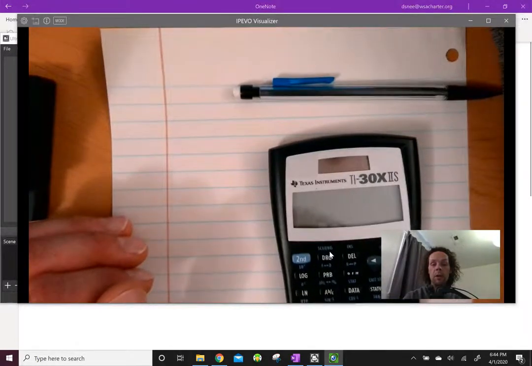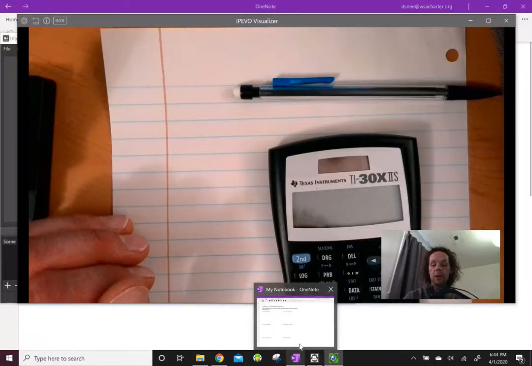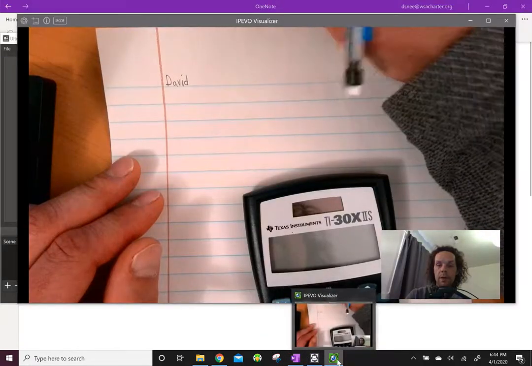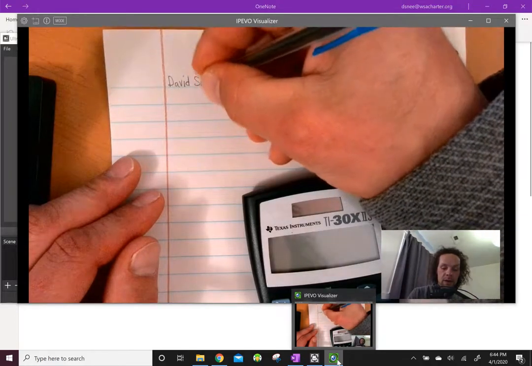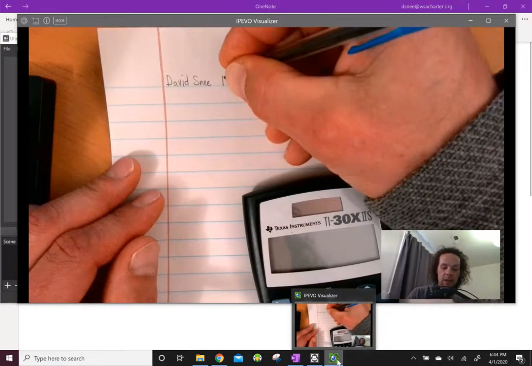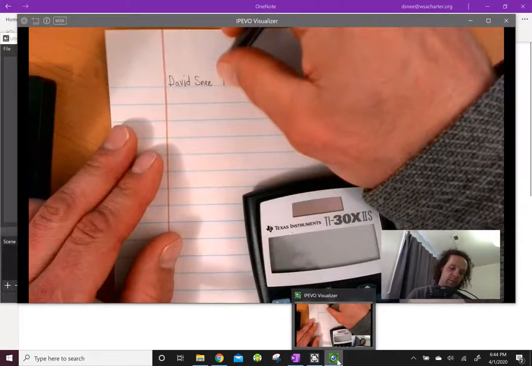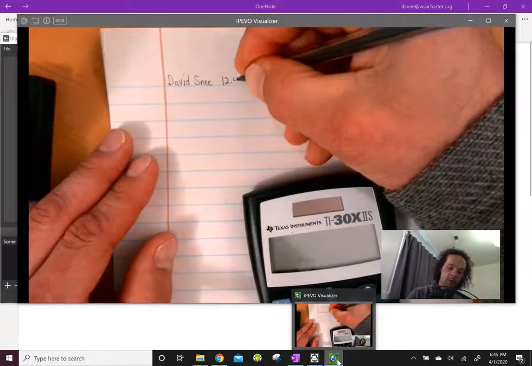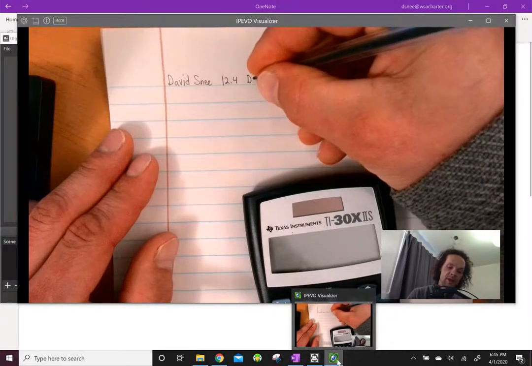Okay, I'm going to work on my tablet while you guys work on the lined paper. Again, just like yesterday, you're going to put your name and date at the top. 12.4 is the distance formula.